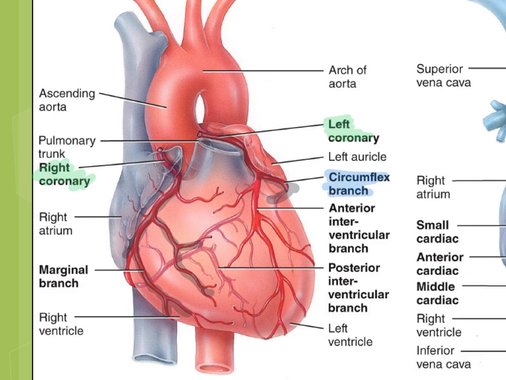And then we have the one that drops straight down in between the left and right ventricles, right over the interventricular septum. It's known as the anterior, because it's in front, anterior interventricular artery. Now, clinically, this is also known as the left anterior descending artery, the LAD. Clinically, again, this is known as the widowmaker.